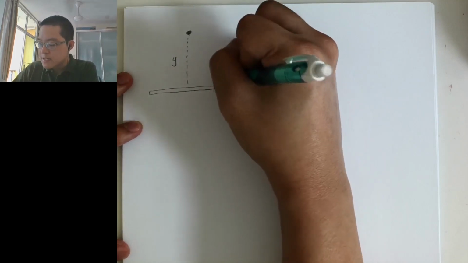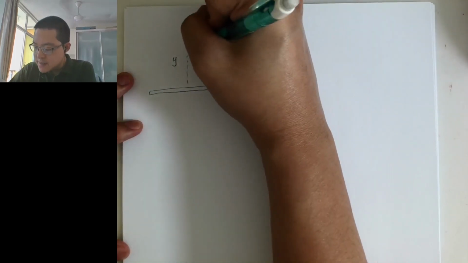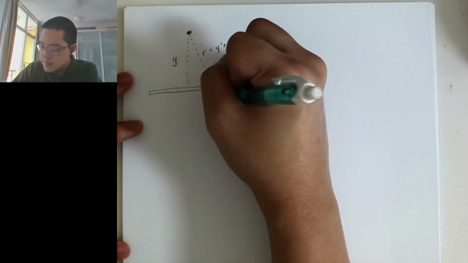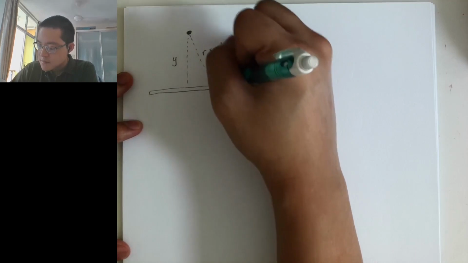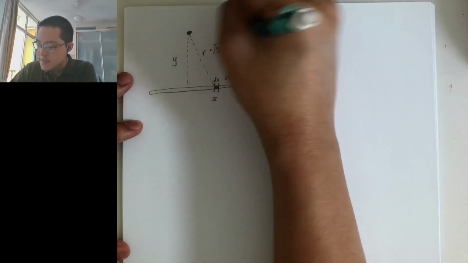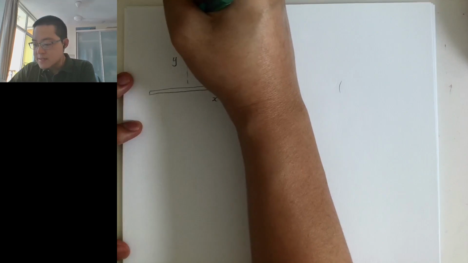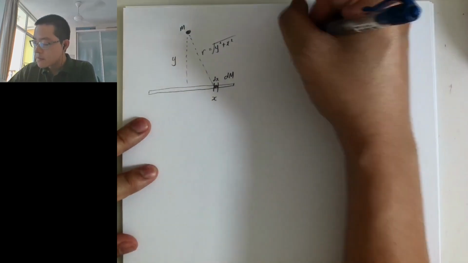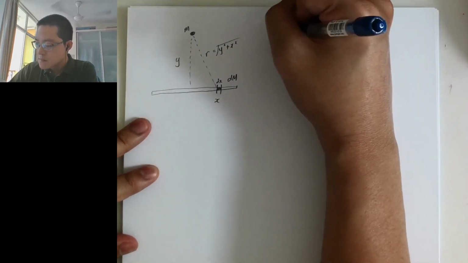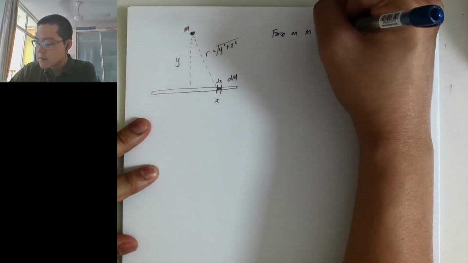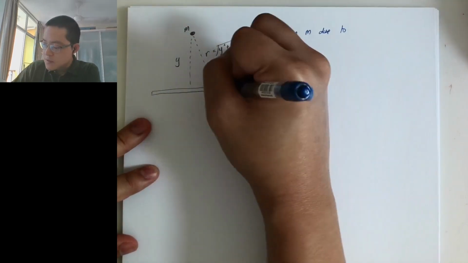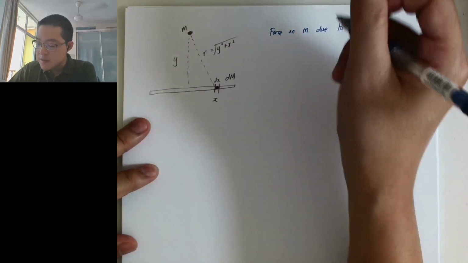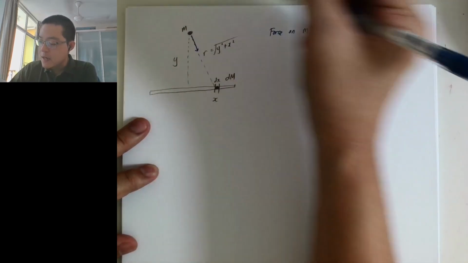This part has mass dm, and the distance is still r, where r is the square root of y squared plus x squared. Let's say this is the x position, and the length is dx. So what is the force on m due to this piece dm? Let me calculate the magnitude first.